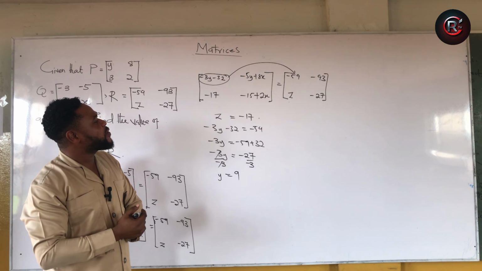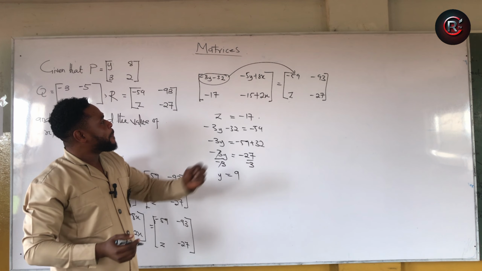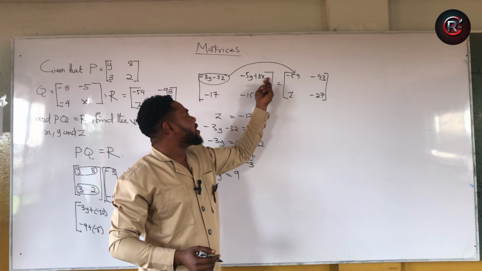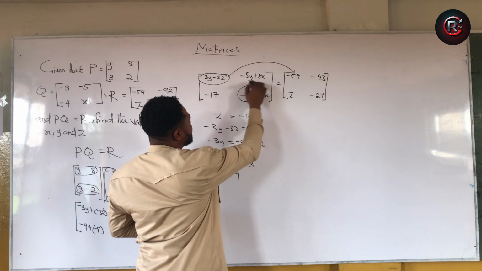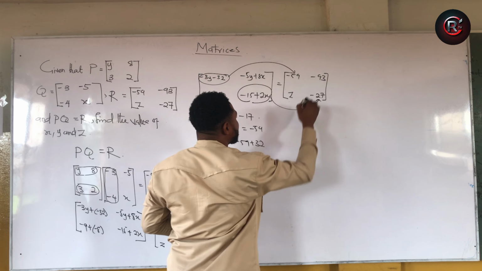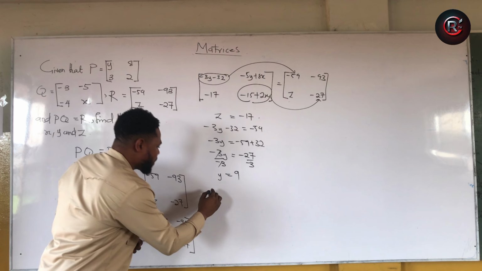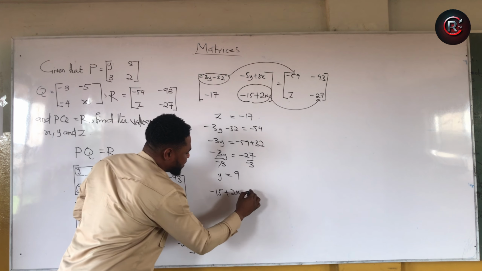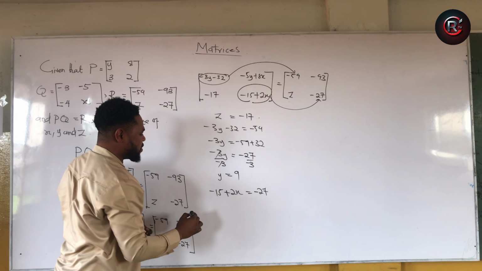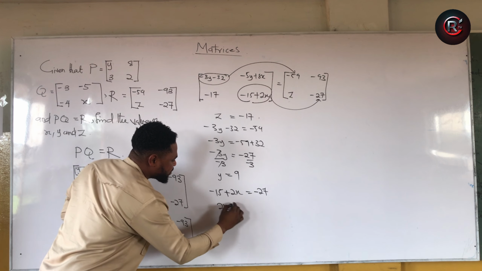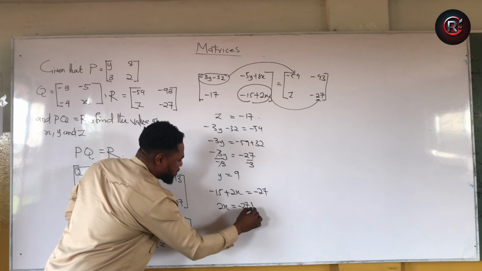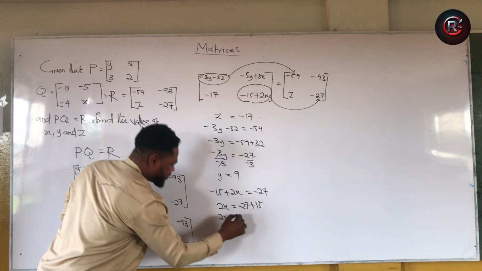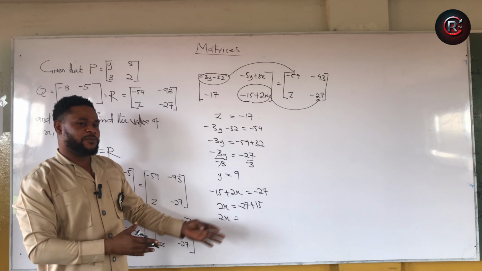Let us see how we can also find our x. We can use this and equate it to negative 93 and also get our x, but this will be easier for us by equating it to negative 27. So -15 plus 2x equals -27, and that will be 2x equals -27 plus 15.